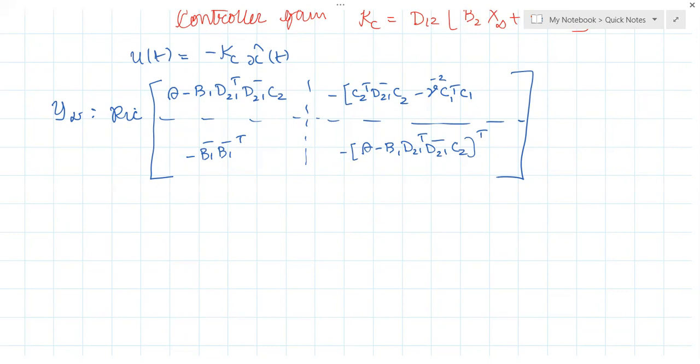When there are many inputs and many outputs, you have to go for some advanced controllers. PI, PD, PID are all textbook examples. They will work only in a limited range. Practically, you will have to go for more advanced controllers like this. That is why we are going for state feedback.